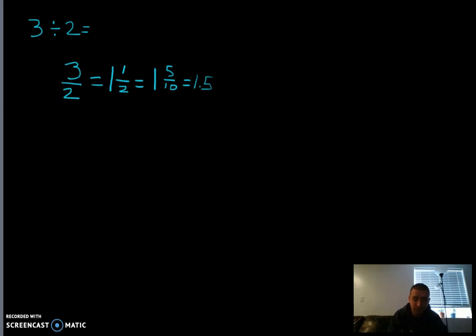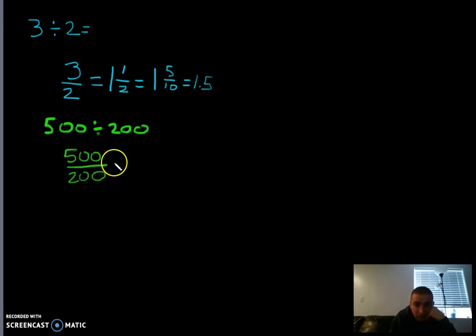Okay, let's think of it another way. 500 divided by 200 can also be rewritten as a fraction, 500 over 200.